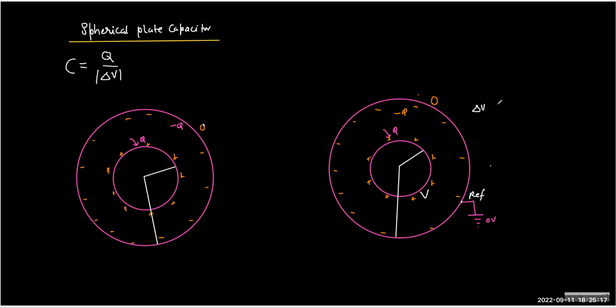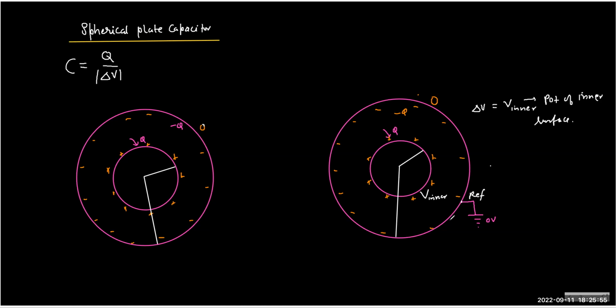So delta V is equal to V, which is V inner, the potential of the inner surface. Generally we look for the difference, but luckily if I ground one of them, then the potential itself is the potential difference. Is this clear? Yes. So the potential difference between the two shells is the potential of the inner shell, because outer is zero. Anything with respect to zero is the difference itself.